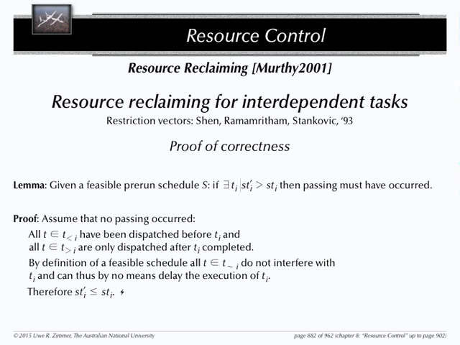So is that true? We just try to negate that. Assume that no parsing ever occurred. That means that all tasks in the before me set will be scheduled before me. All tasks in the after set will be dispatched after me, because there wasn't any parsing.